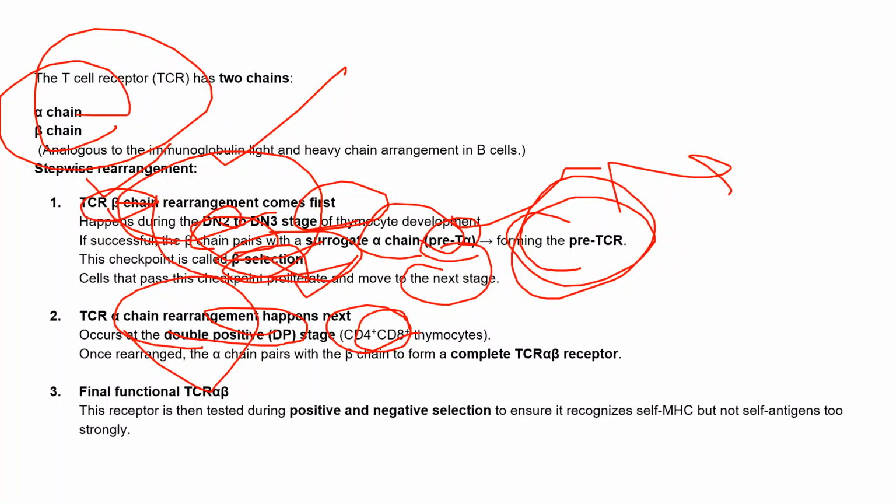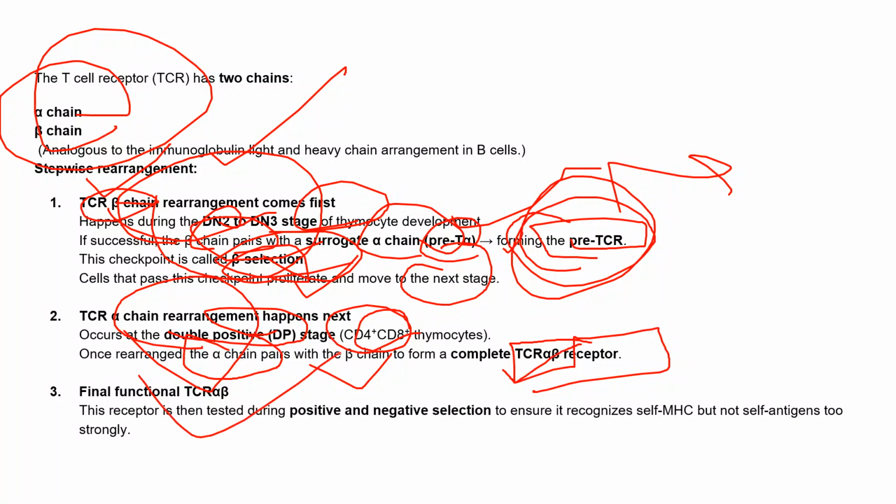Once rearranged, the alpha chain pairs with the beta chain, and they form the complete TCR alpha beta receptor. Here the pre-TCR has only the beta rearrangement. When the alpha rearrangement also happens, they form the complete TCR alpha beta. After that, it goes for positive and negative selection.